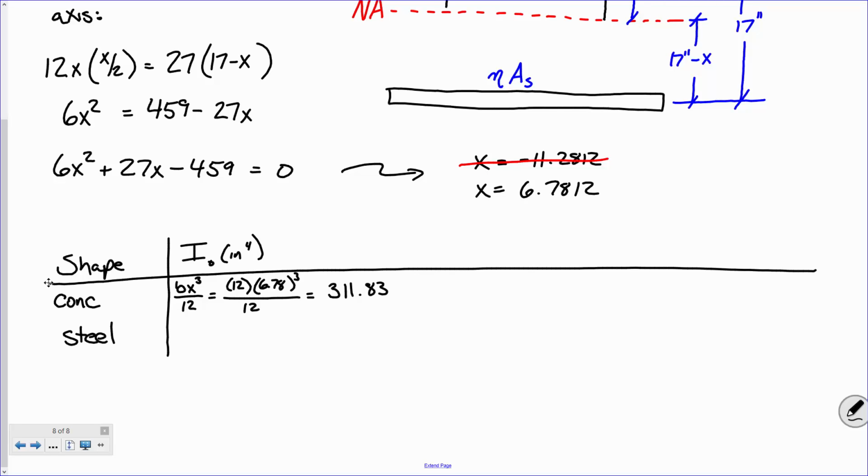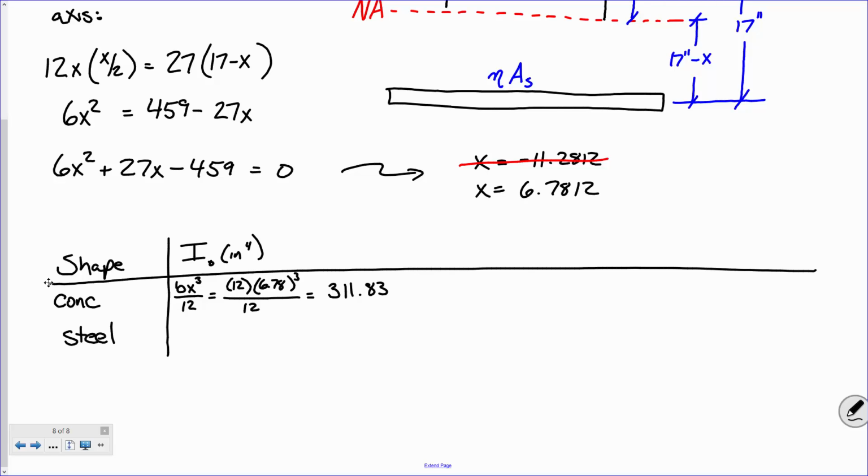Now, for the steel, you'd think you would do the same thing, base times height cubed over 12. But the problem is we never defined how tall this lump of concrete is. And the answer is it really doesn't have a height. We're just assuming that we have this lumped value of concrete right at this given point.